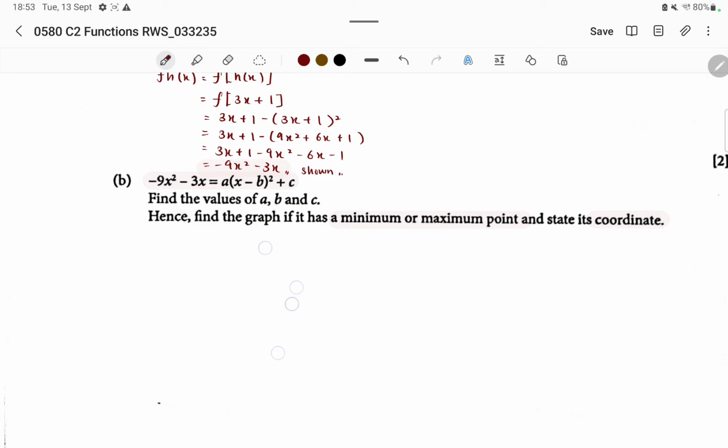Okay, so negative 9x squared minus 3x equals to negative 9, and then factorize out the negative 9. So x squared, and then this one negative becomes positive, because you already take out the negative 9, negative 3 over negative 9. Then you should get 1 over 3.